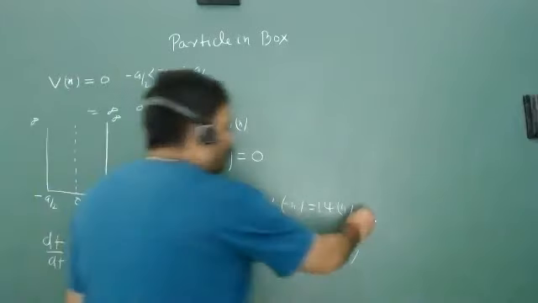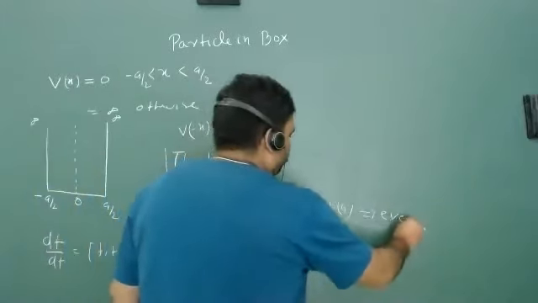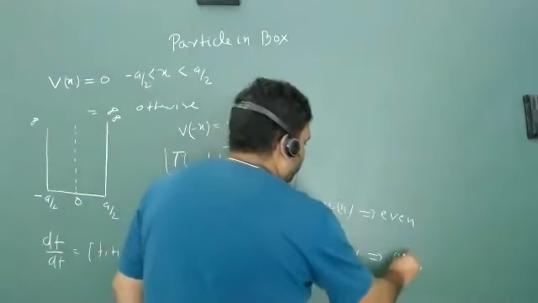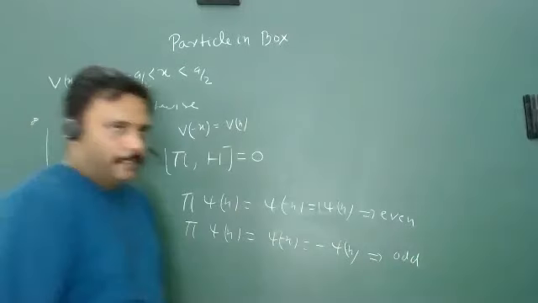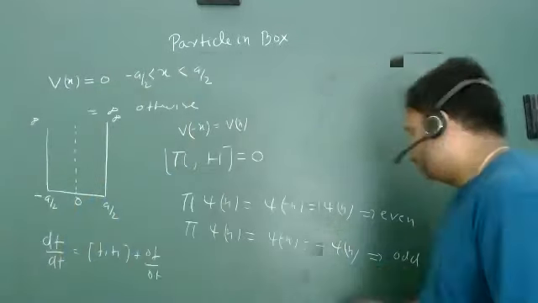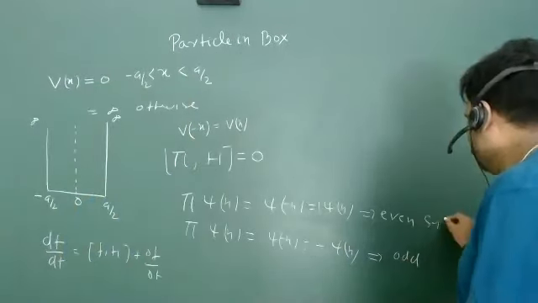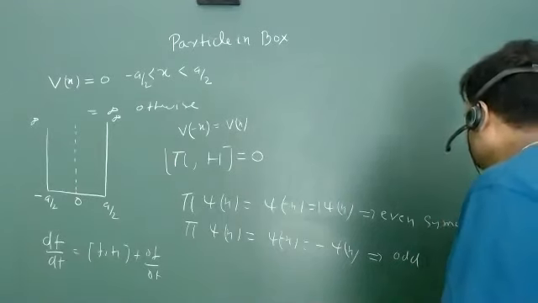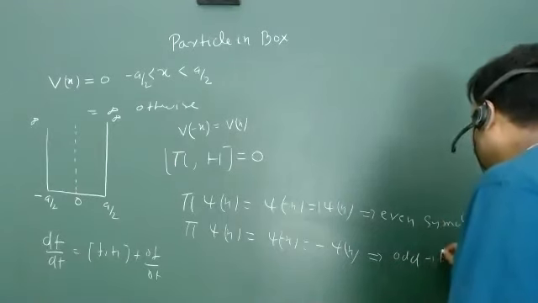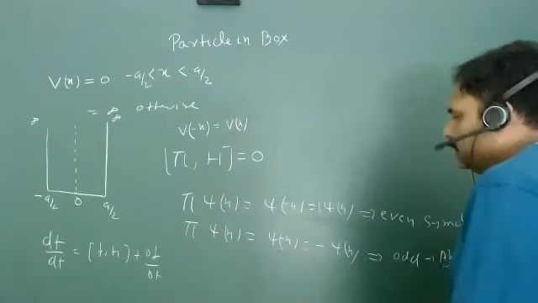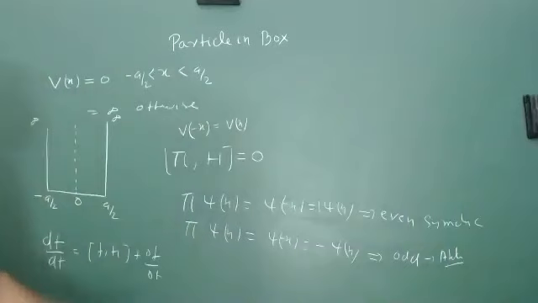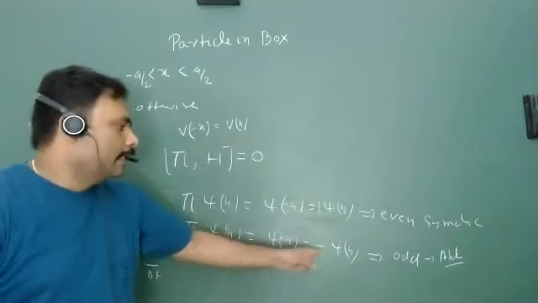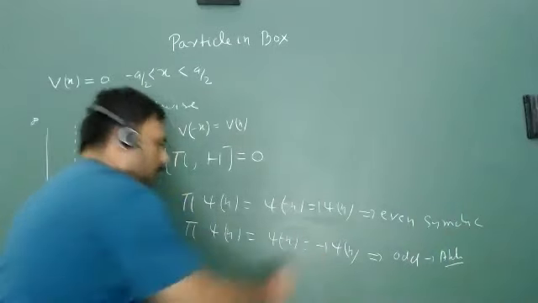The first is known as even parity, and the second is known as odd parity. Even parity is symmetric, so our wave function must be symmetric, and odd parity is antisymmetric. We will discuss both the symmetric and antisymmetric cases. So the eigenvalue of parity should be either plus 1 or minus 1.